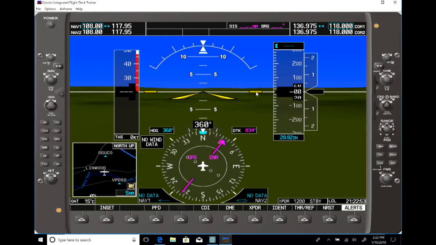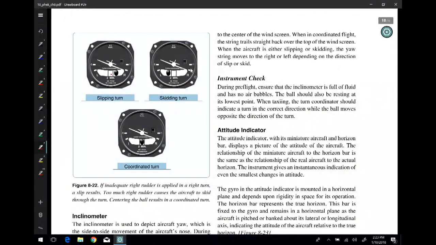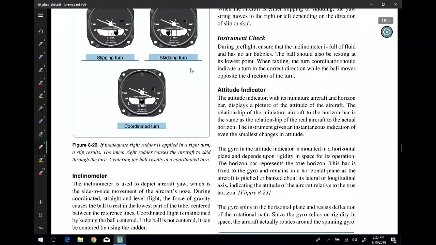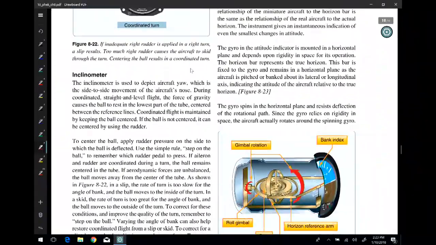When we have those wings level on that artificial horizon line, our wings are level. Okay? That's the turn coordinator. So when we look at this, that is why we use that.